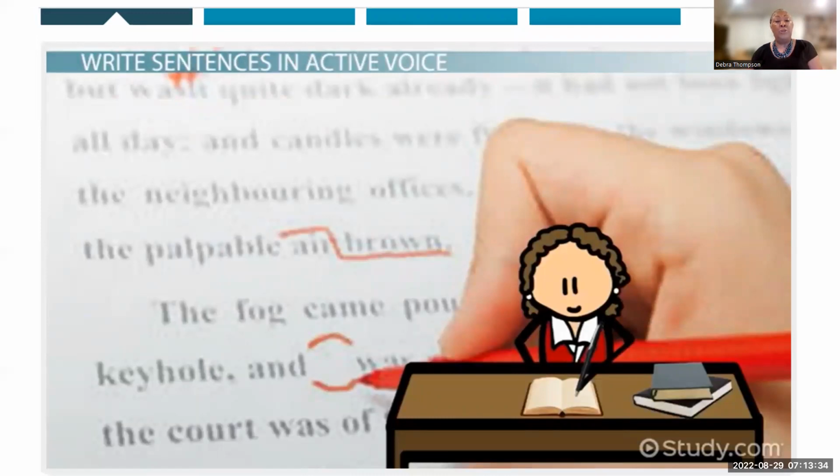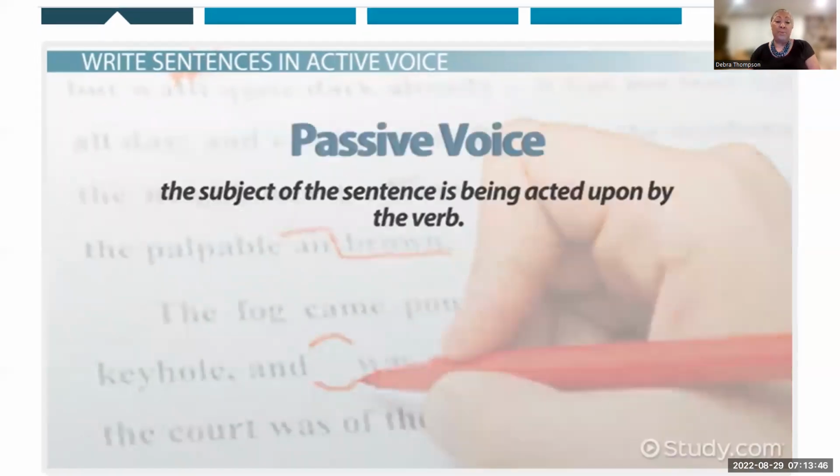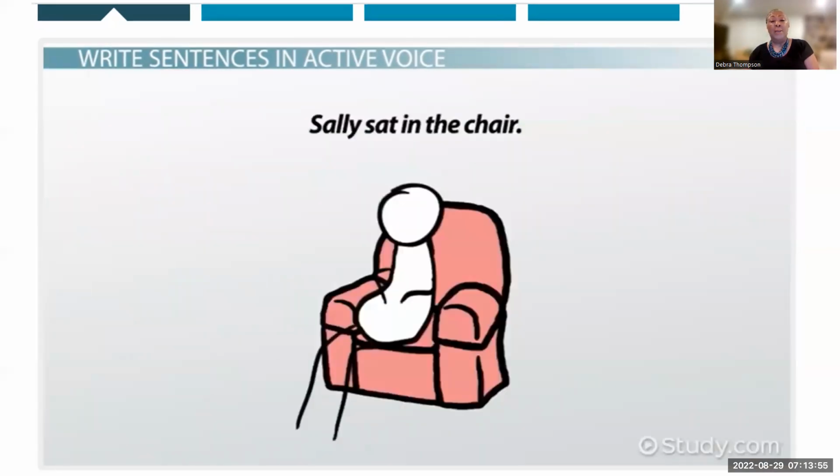Another way to be sure that you are writing with clarity is to write in active voice. Active voice is where the subject of the sentence is performing the action of the verb. Passive voice, the subject of the sentence is being acted upon by the verb. Let's take a look at these two sentences.